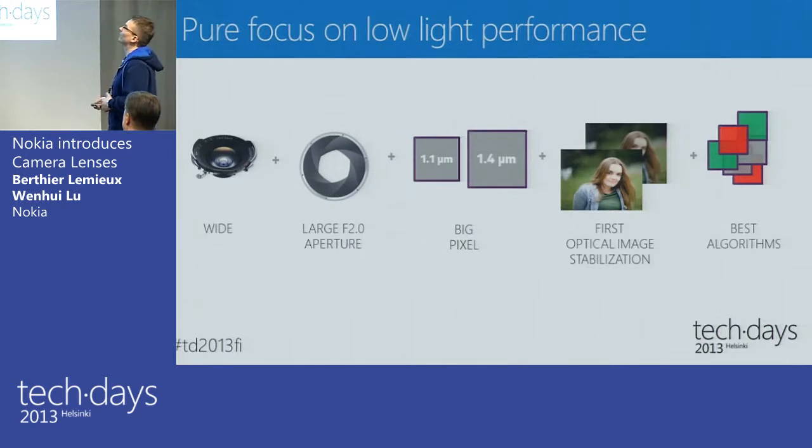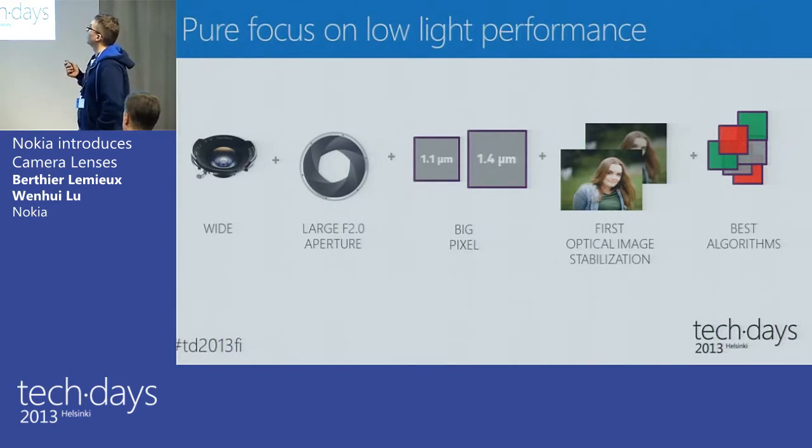So they took a lot of low-light images, and for the 920, the key thing to get a great image when you're in low light is to get as much light as possible into the sensor. And they did 4 tricks to do that. They use a wide-angle lens. They use a large aperture, f2.0. They are using a huge sensor with huge pixels, 1.4 microns, instead of 1.1 for the competition.